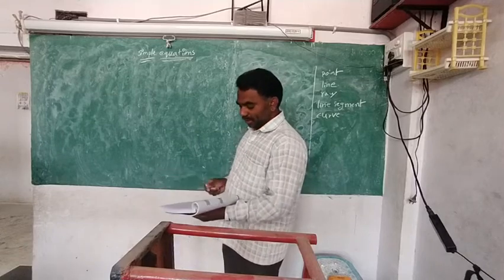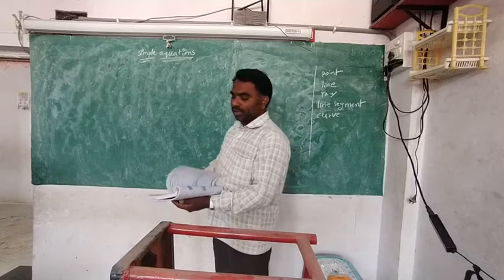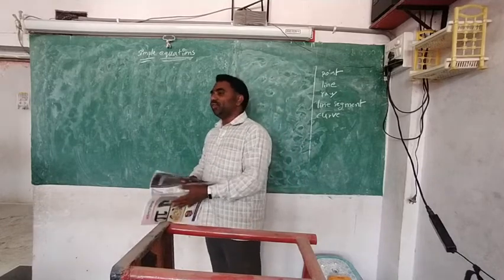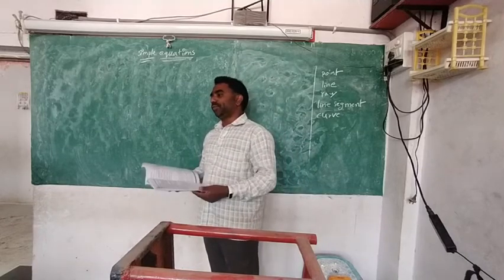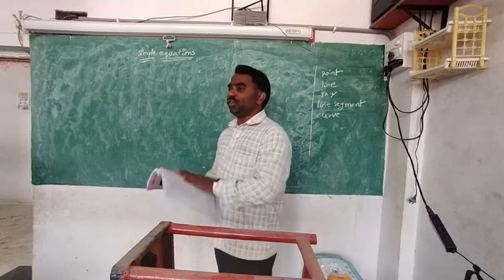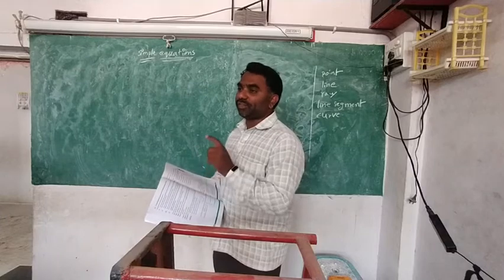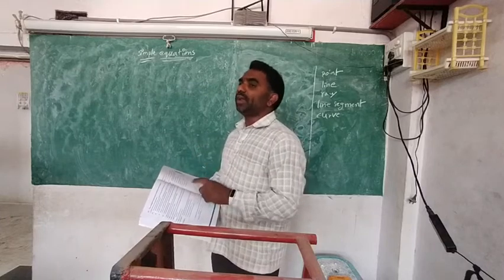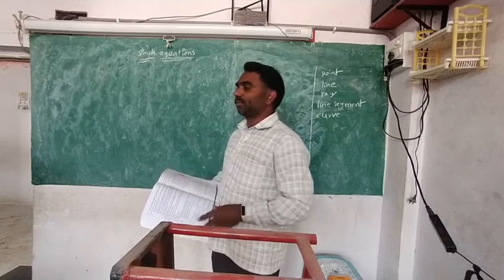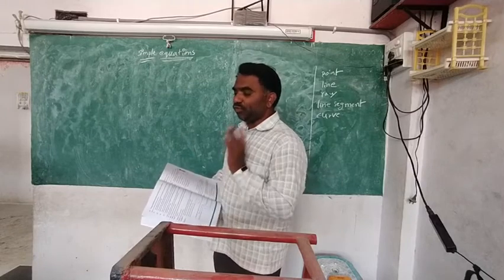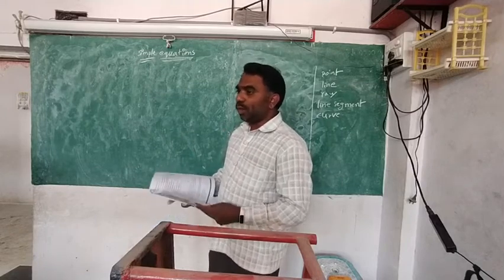You see here on page number 64, some situations are given. So we will discuss those situations today, and how to solve these types of problems in our life by using these methods. First, I am going to discuss the first situation.